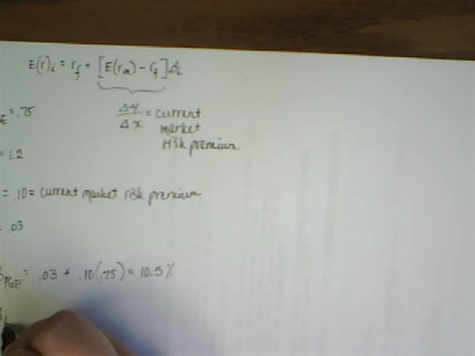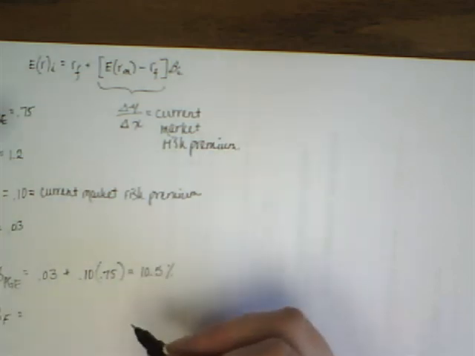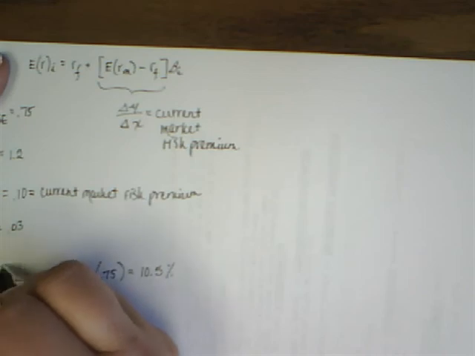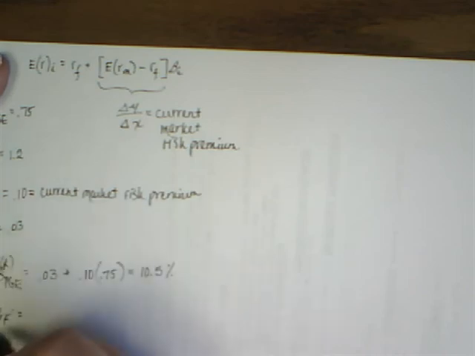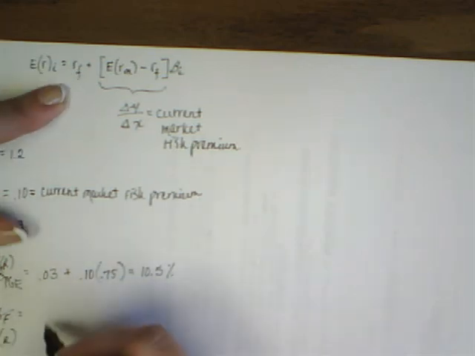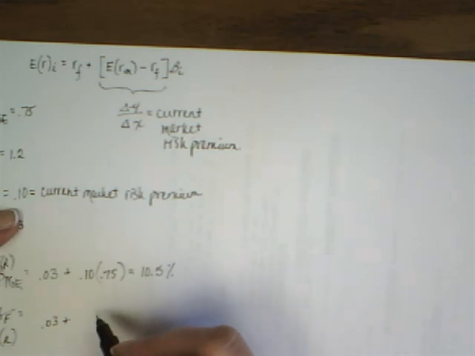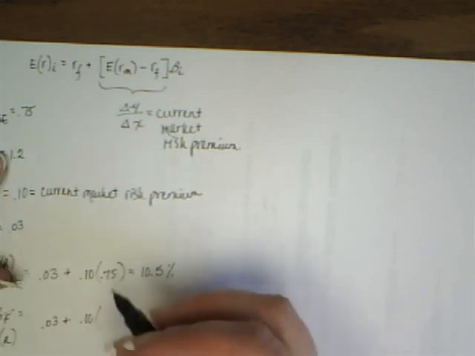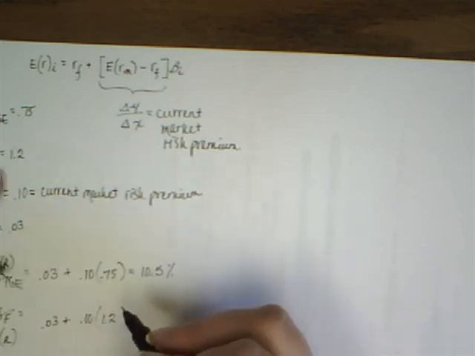Okay, so then let's do Ford. We're doing expected return. All right, so same thing. We have our risk-free rate of 0.03. And then we have our current market risk premium. That's not going to change. The only thing that's changing between these two companies is the beta. And that is 1.2 for Ford.